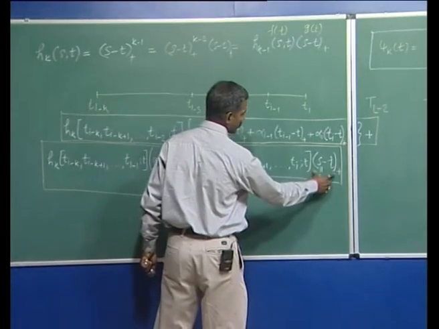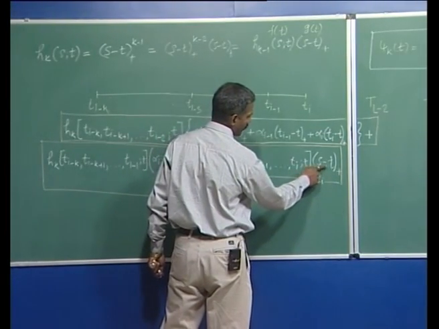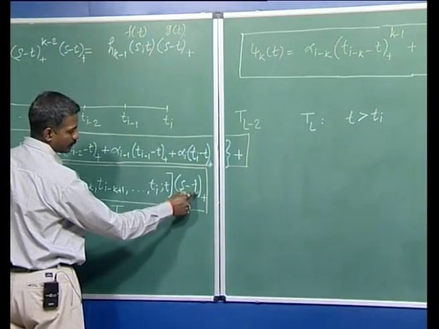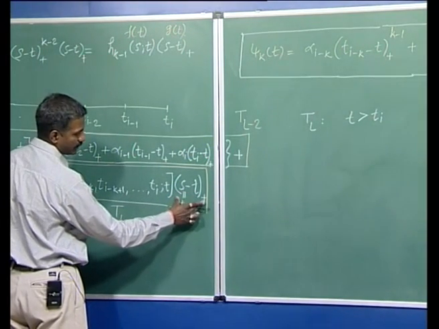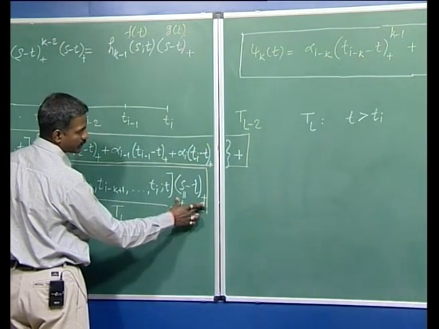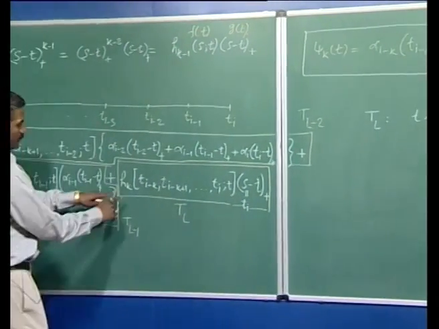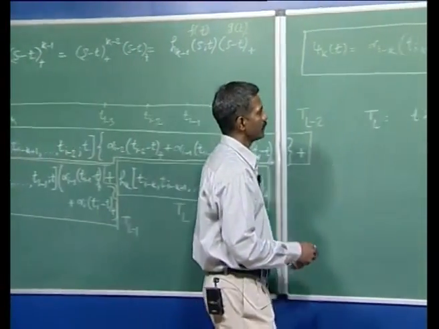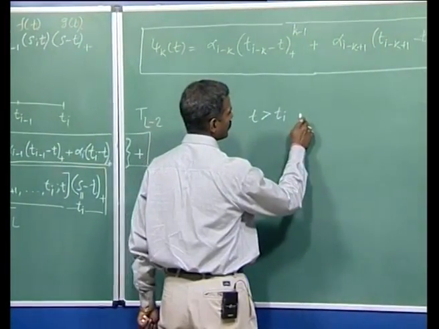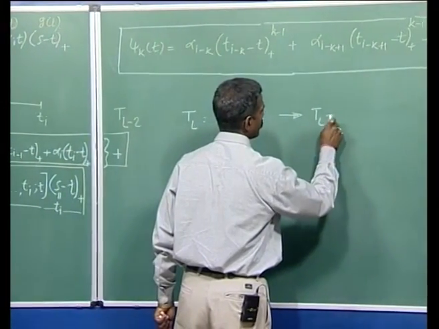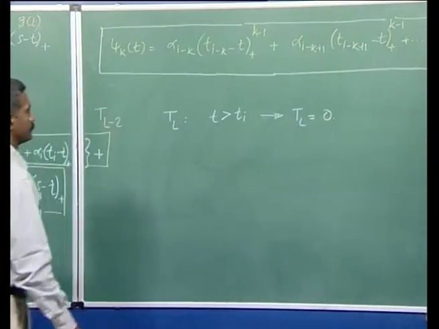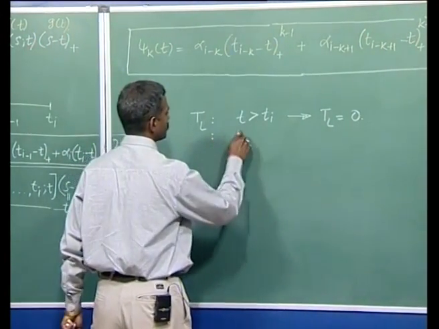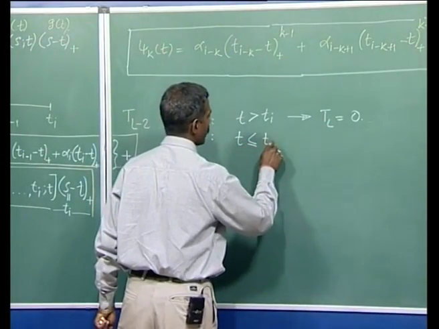If you look at this term, it is (t_i minus t) truncated. For t greater than t_i, this term becomes negative, because of which this term here would become 0, irrespective of whatever this is. So T_L for t greater than t_i is 0. How about for t smaller than or equal to t_i?